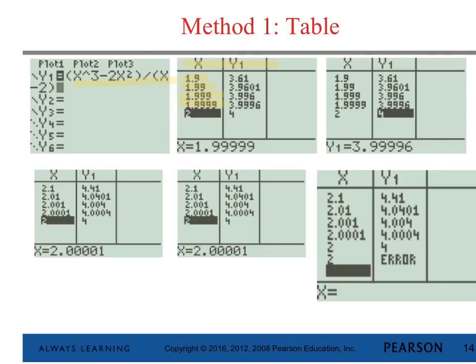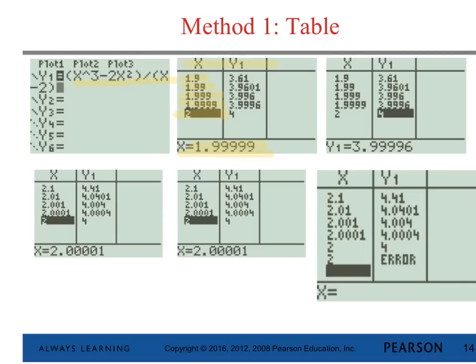But I also want you to enter the value 1.99999, one decimal followed by 5 nines. What's going to happen as soon as you hit enter is, even though you've entered 1.99999, your calculator is going to call that 2.